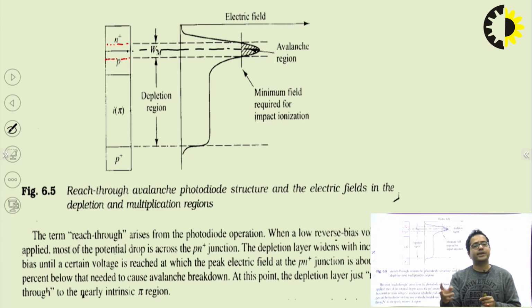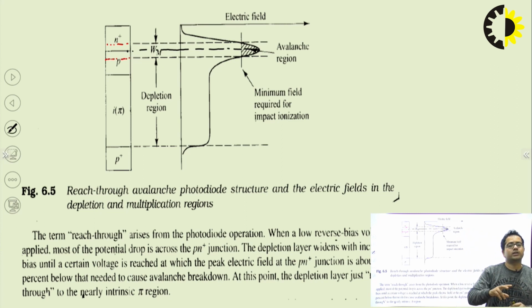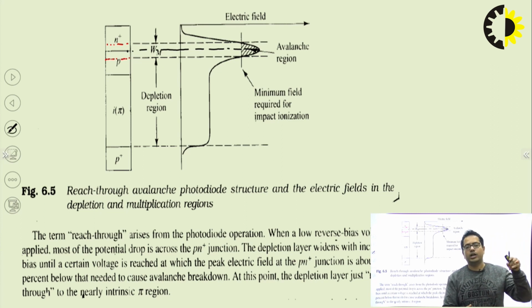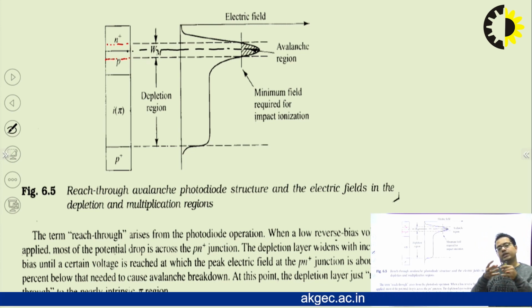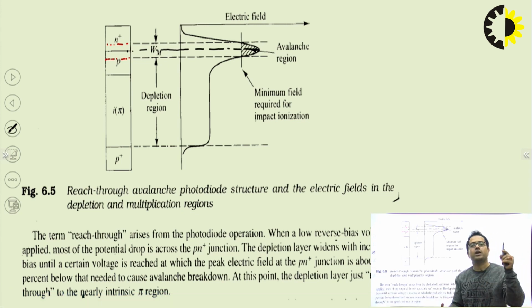These two create 4 electrons, and those 4 electrons move with very high velocity, creating another 8 electrons. So a cumulative process takes place, which leads to high charge carrier generation, and a high current will flow through the circuit.